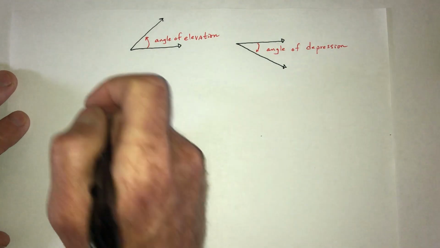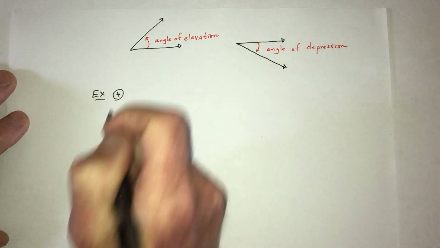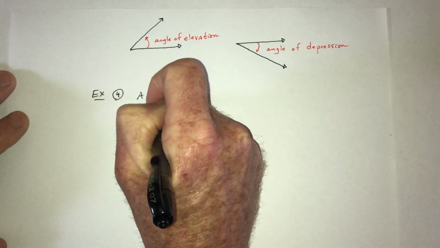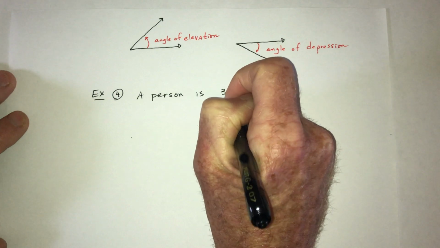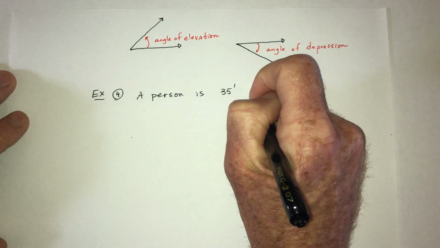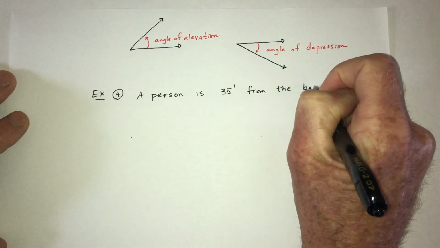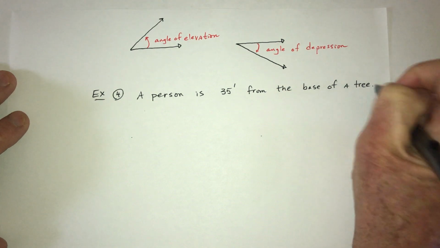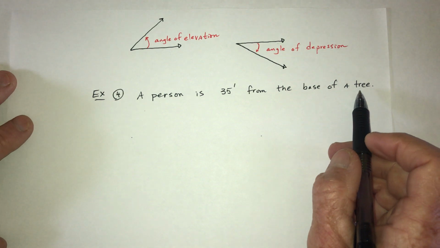Okay, for the fourth example. This person is 35 feet from the base of a tree. And because we can only use right triangles, we're going to assume that the tree is standing upright.